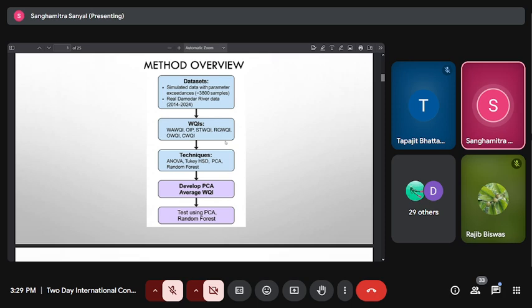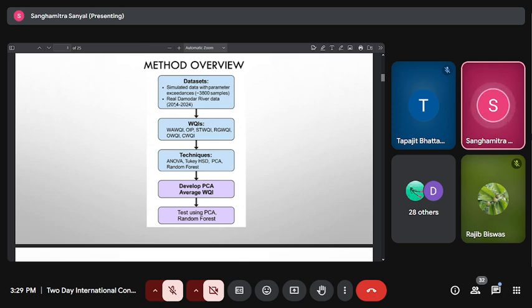RGWQI, also called the CPCB WQI, after the Central Pollution Control Board. This is the River Ganga water quality index. OWQI is the overall water quality index, and CWQI is the comprehensive water quality index, both developed by Surjit et al., one in 2015 and then 2018. So these are the latest techniques that have been developed.